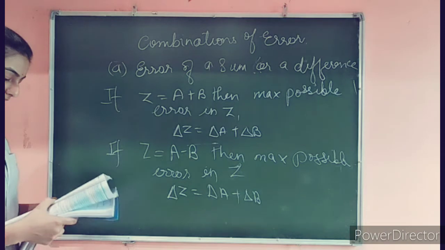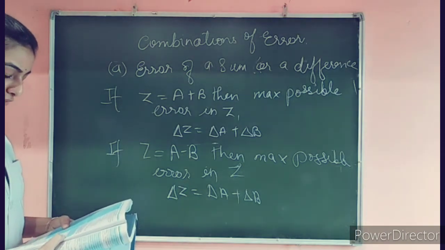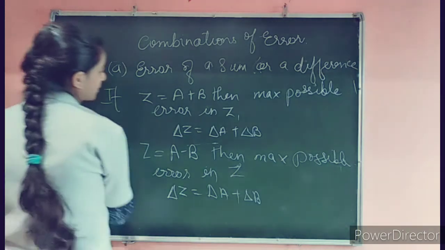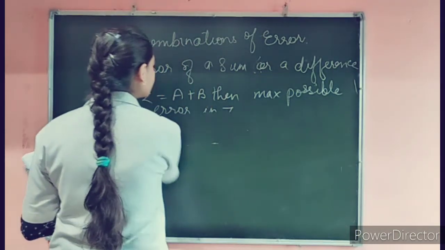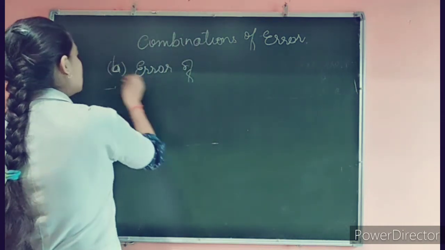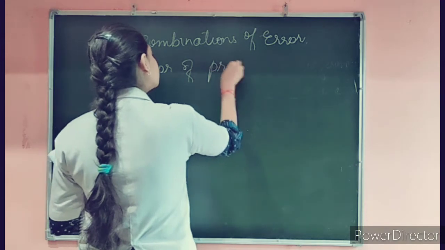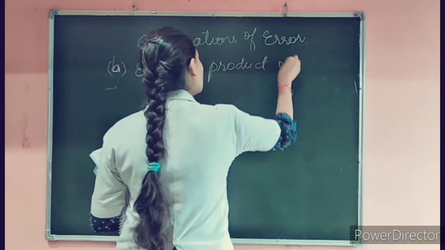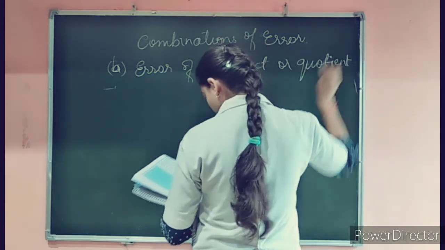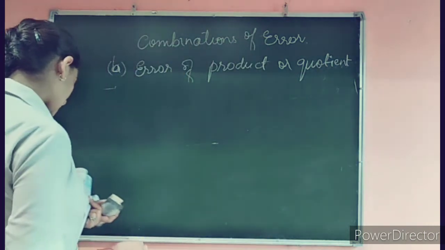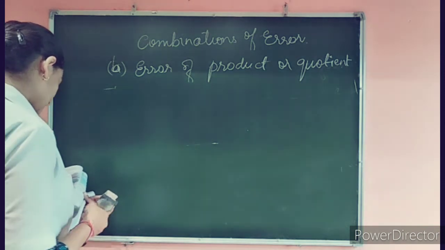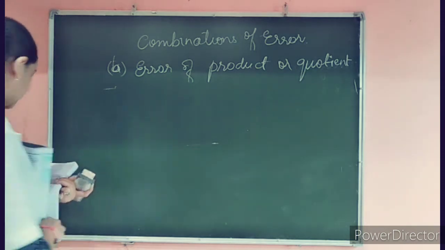Now our second point is error of a product or a quotient. That is our point B. The rule says when two quantities are multiplied or divided, the relative error in the result is the sum of the relative errors in the multipliers.